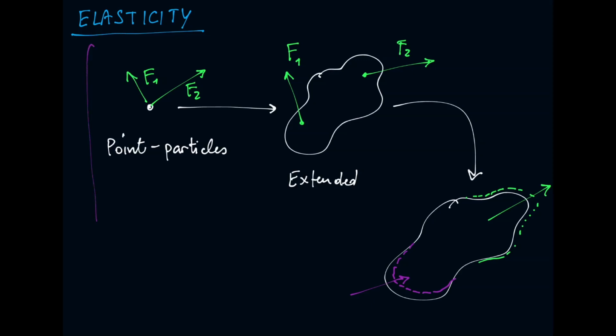Elasticity is the theory of elastic materials, and this means that we're talking about those situations where deformations go back, or vanish, or disappear, when the stress or the force is removed.